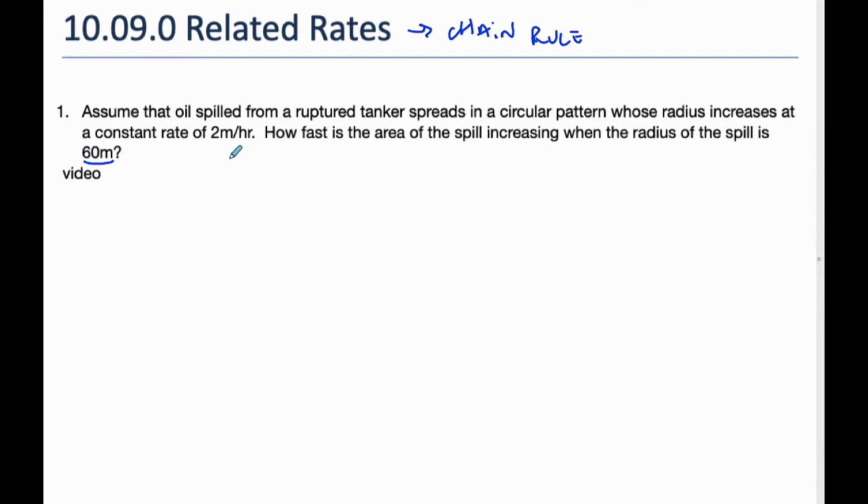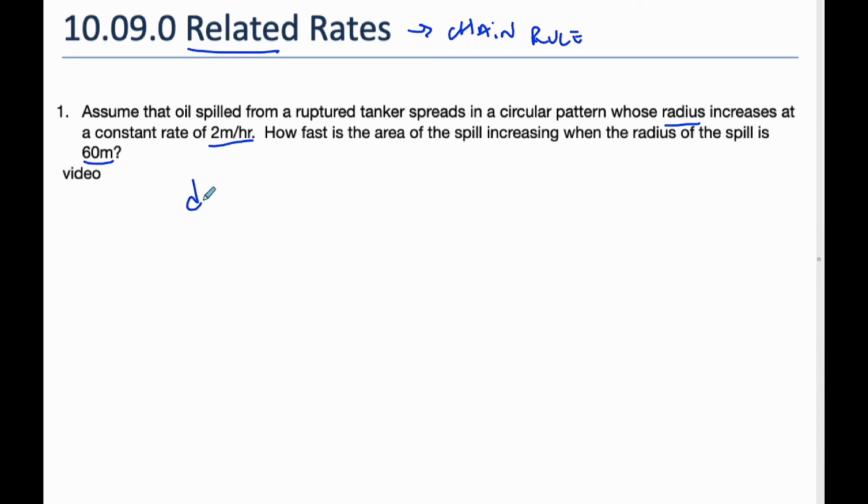So it's clear to see that as the radius changes, the area is changing. So that's why they are two different rates, and that's why they are related. Okay, and so the way we start off these problems all the time is we write down, keep track of what we know and what we are asked to find. And what I know is that the radius increases at a constant rate of 2 meters per hour.